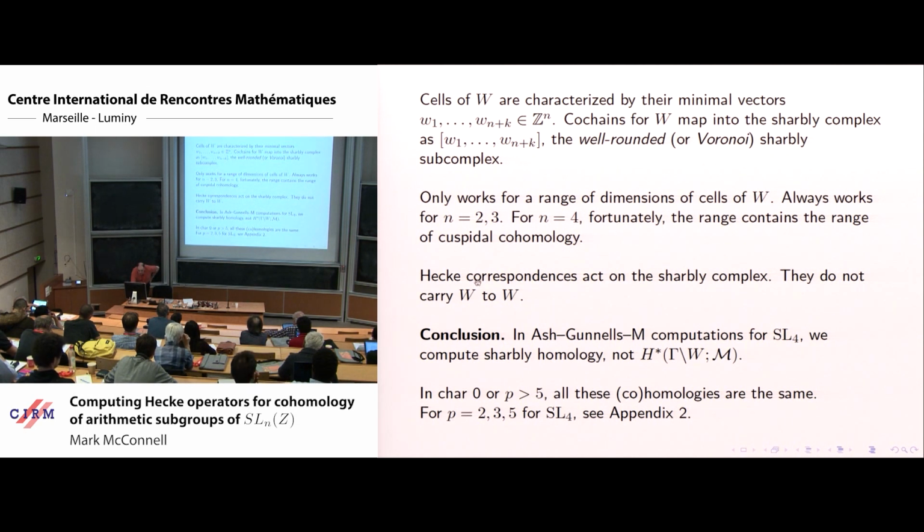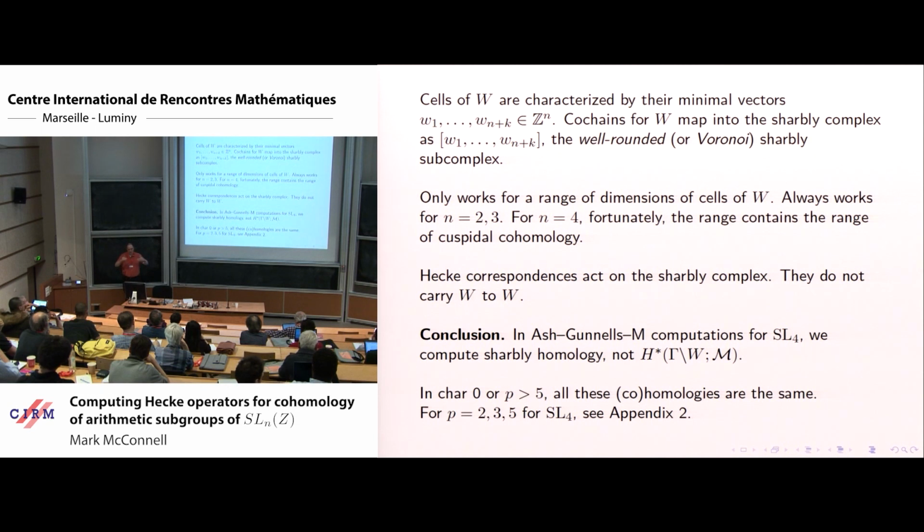Okay, well, to summarize a bit, Hecke correspondences act on the Steinberg complex. Again, if you've got rational matrices with no condition on them but rank n, act on them by the correspondence I described. You're still going to have a bunch of rectangular matrices of rank n. So Hecke correspondences certainly act.